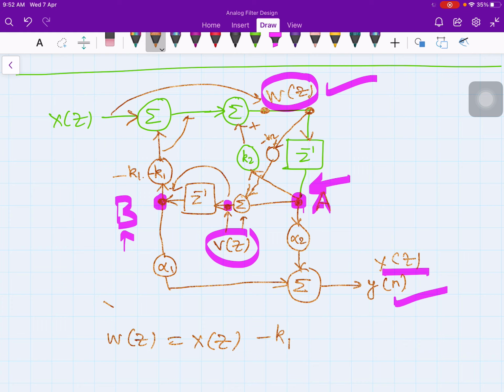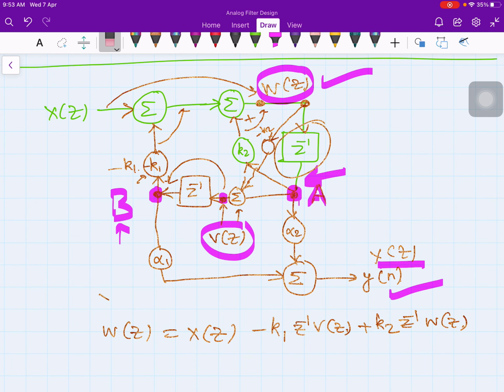The input to this scalar multiplier is v of z delayed by 1, so z to the minus 1 v of z. And then one more signal is coming, k2, and the input to this multiplier k2 is w of z but delayed by this one, so z inverse w of z. Okay, you just look at the figure, then you'll be able to understand how I wrote this.